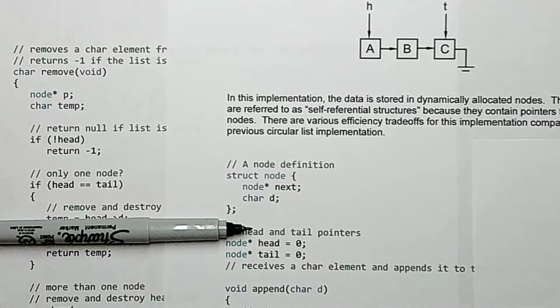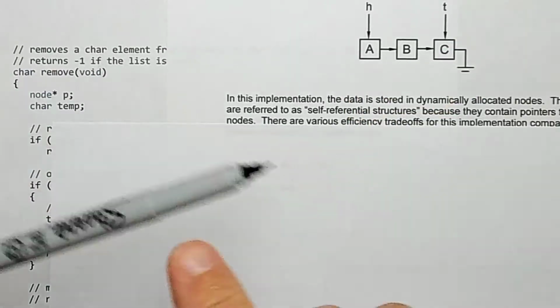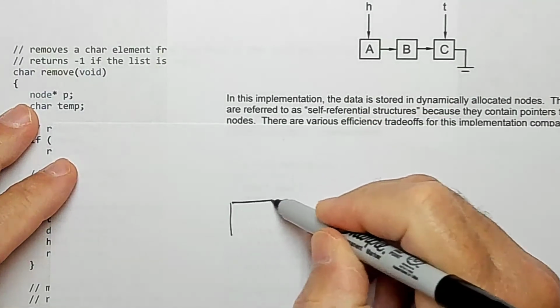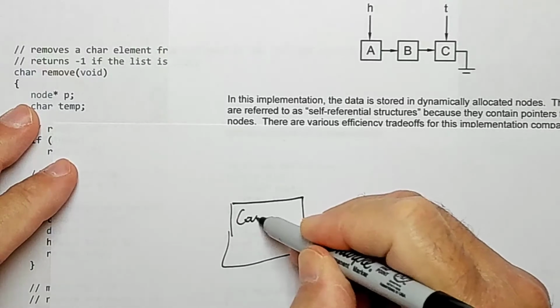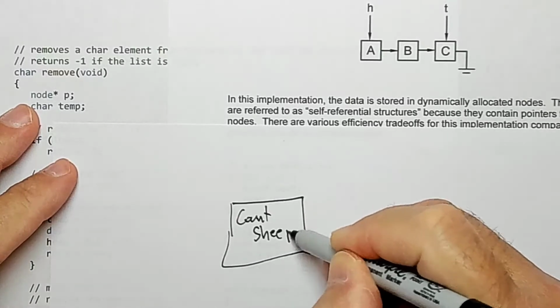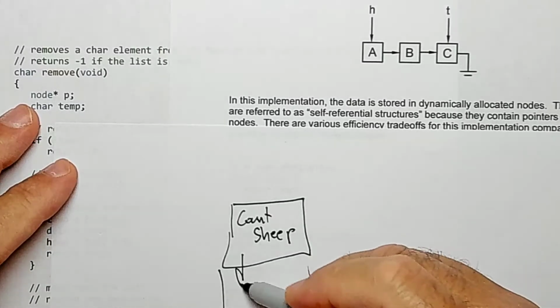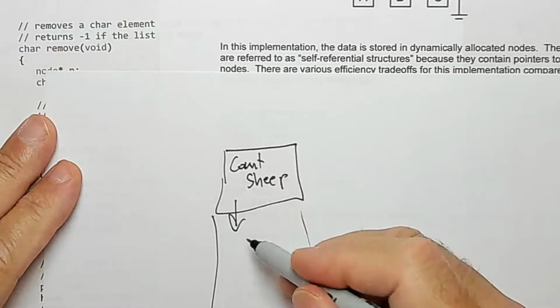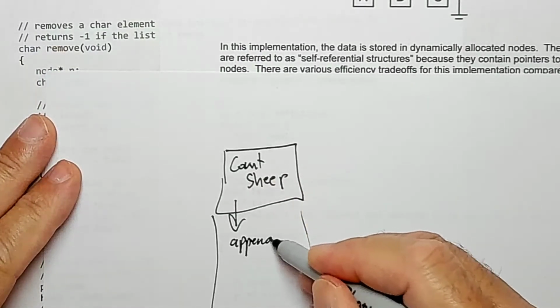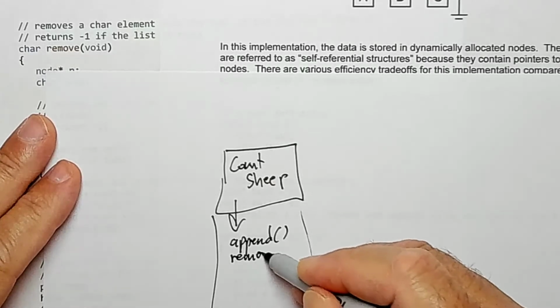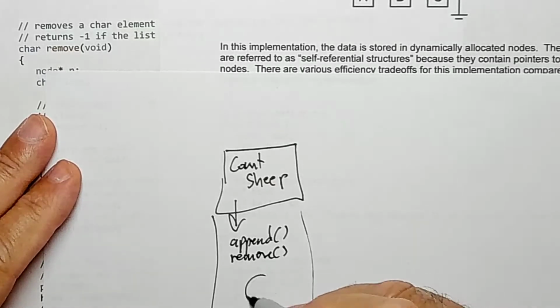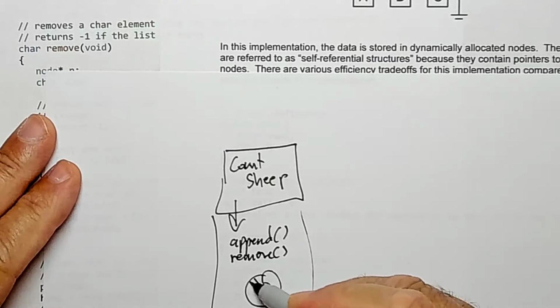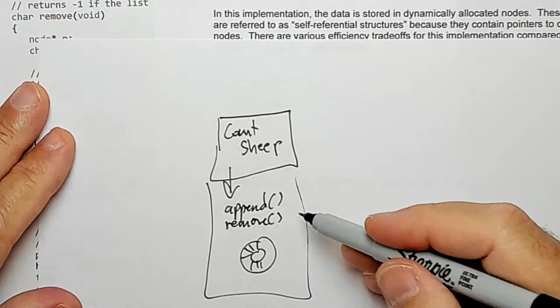So I guess just to summarize, I could draw a little picture here. So we have a count sheep algorithm, and then it's calling basically append and remove. And inside here you could have the data stored in this circular array. So you could do that.